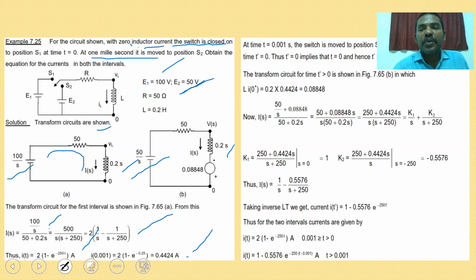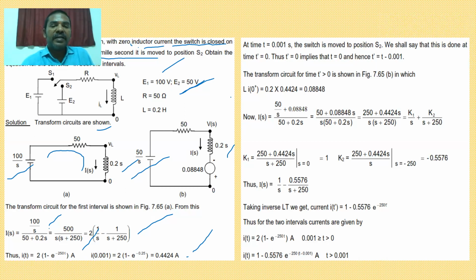So the voltage drop across the inductor is 0.2 into 0.4424. So finally you can get that voltage is 0.08848 volts. Okay. So now the current you are calculating in this condition. So I of s is equal to total voltage, 50 by s plus 0.08848, divided by impedance 50 plus 0.2 s.